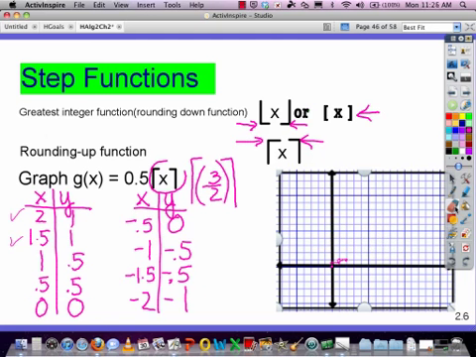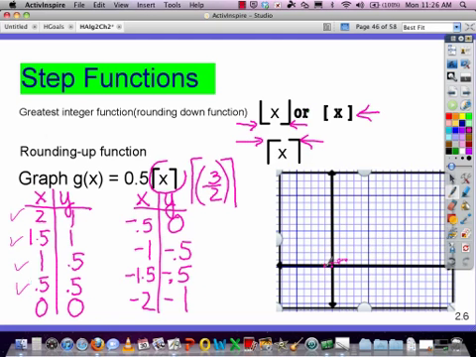All right, we've got negative 2 and 1. There we go. Now all the points between 0 and 1 were at a half. Got those done. Now all the points between negative 1 and 0. So open circle.